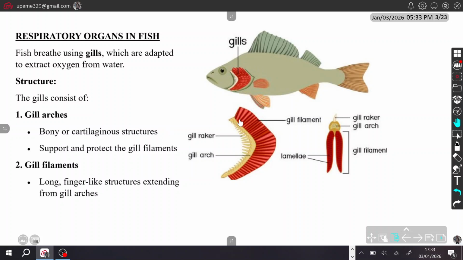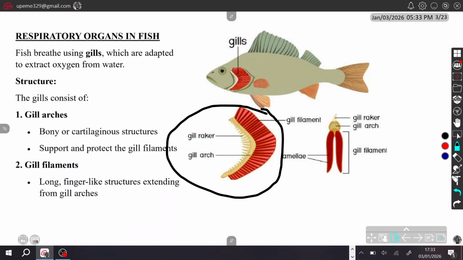If we talk of a gill, this is a gill. When we remove it from inside there, the whole of this structure is a gill.